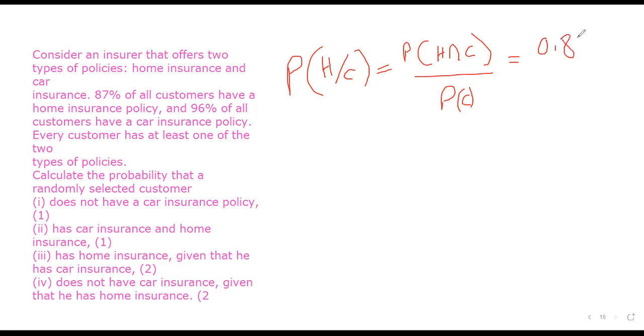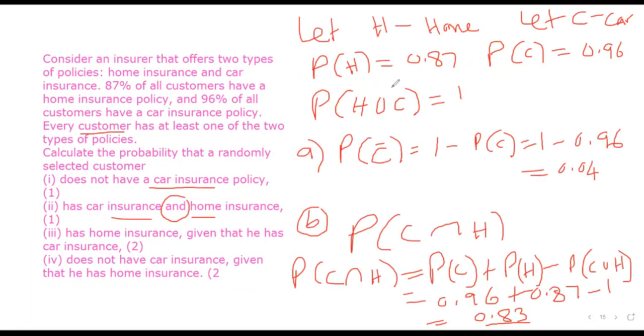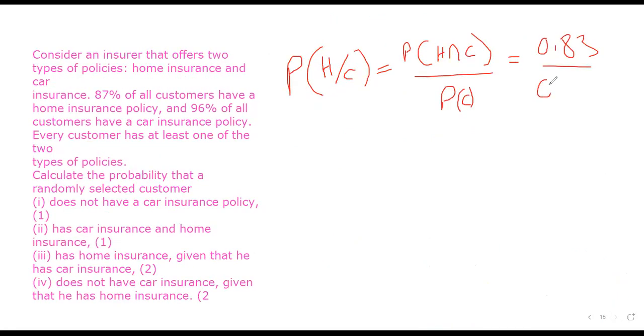And what is the probability of car insurance? 0.96. So what do we get? 0.86.